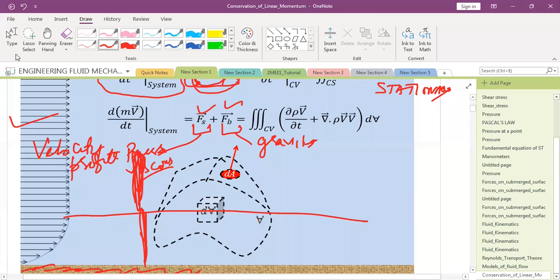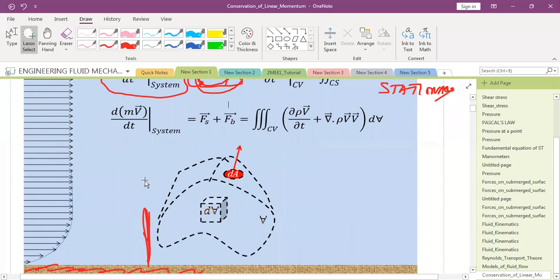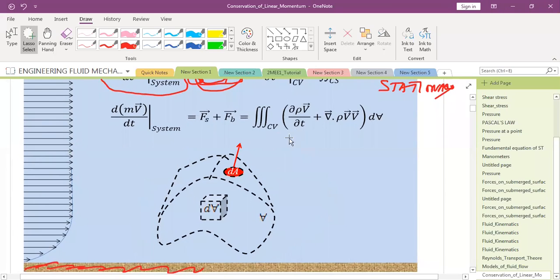So now let me know the surface and body forces. I have told that there is a gravitational force as far as body force is concerned, and there is a viscous force and pressure force as far as surface forces are concerned.